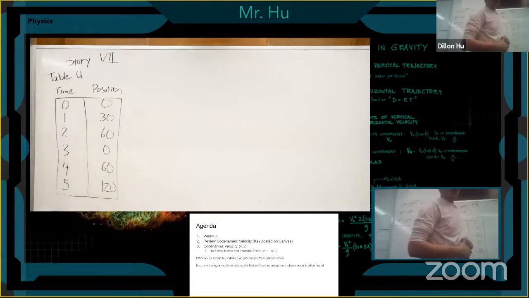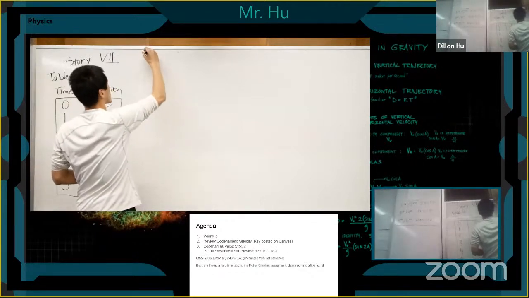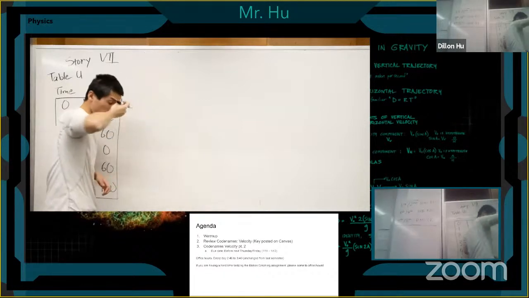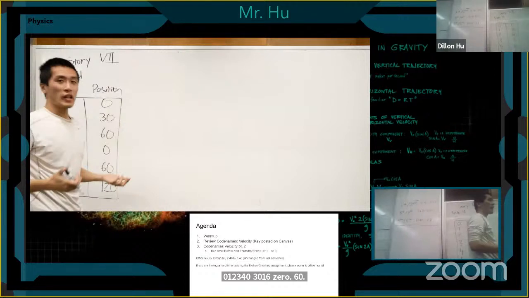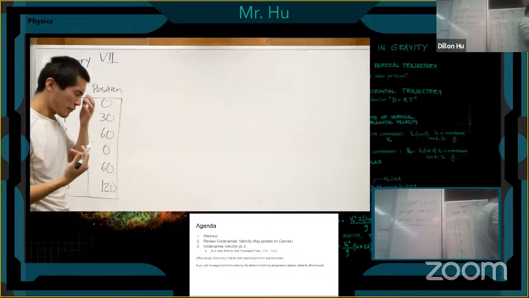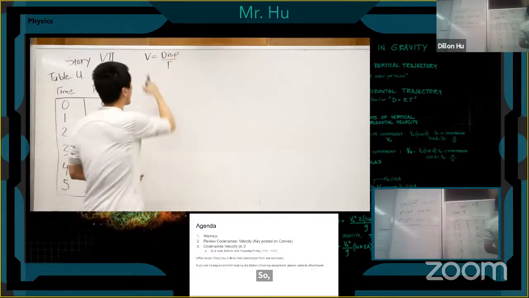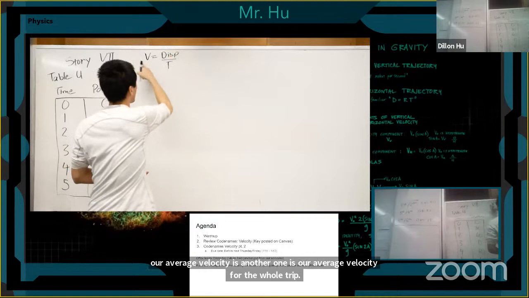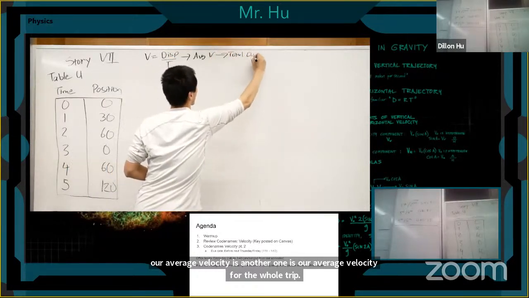So what I'm first going to show you how to do is to figure out our average velocity. Our average velocity is, in other words, our average velocity for the whole trip. So we know that velocity is displacement over time. And so when we want to deal with average velocity, we're going to want to deal with total displacement over our total time.